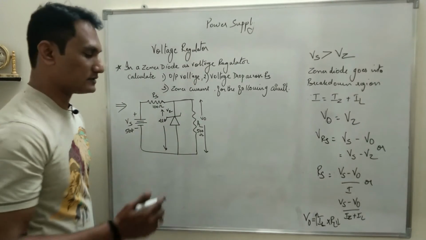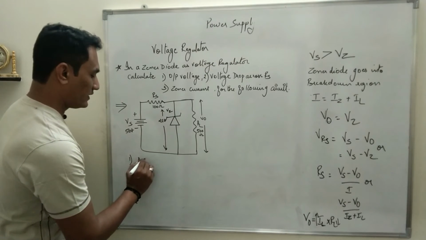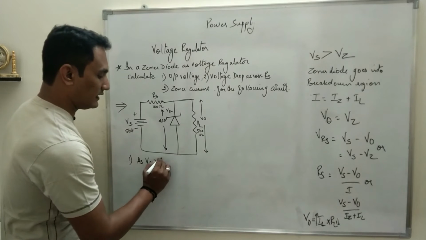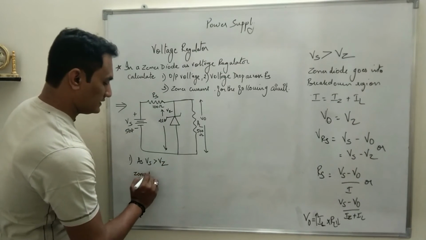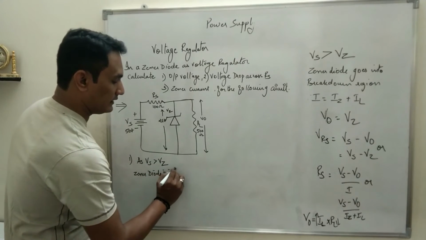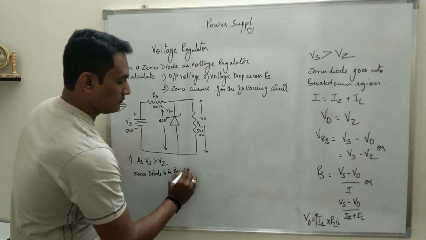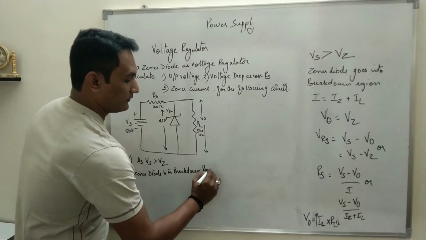See how to write this. The first thing we will write is, as Vs is greater than Vz, the Zener diode is in breakdown region.